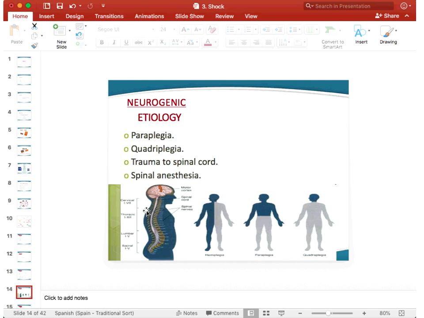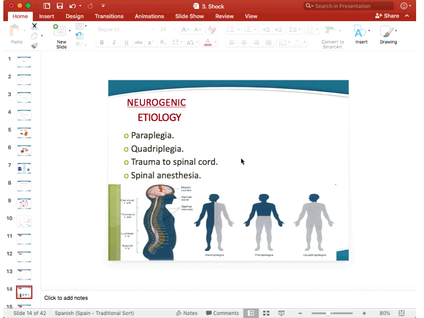Therefore, these patients will arrive and there's no apparent blood loss, but they cannot get a sufficient blood pressure. And you infuse them as regularly, your 2 liters of saline solution or Hartmann solution, and the pressure is still way down.